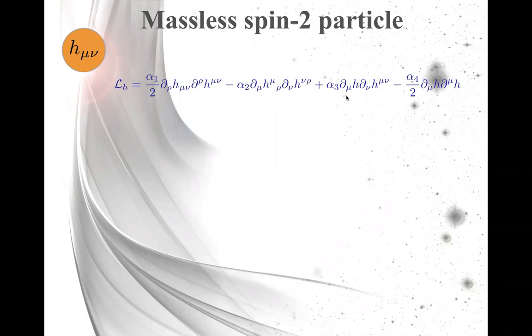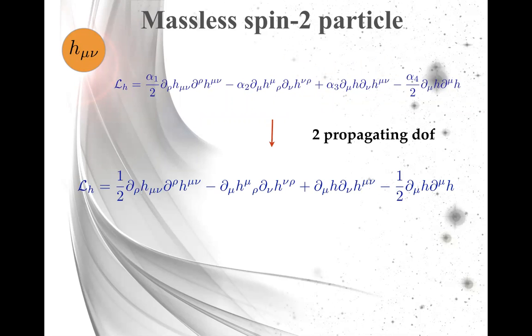And demanding that this massless spin 2 particle has only 2 propagating degrees of freedom, as we have seen in Shinji's talk, this fixes directly these 4 coefficients in this very specific way. Then in this way, you obtain your linearized GR. You have your propagator. And now what you can try to do is to build interactions.